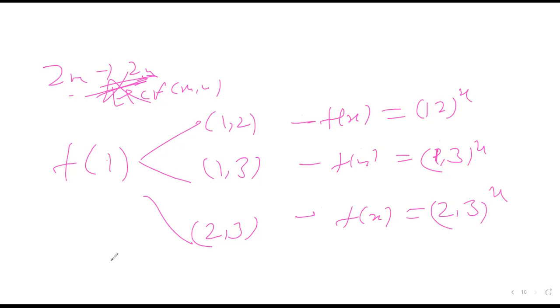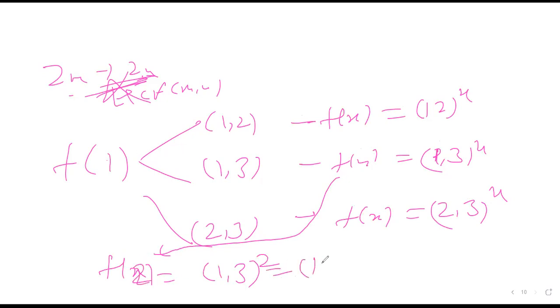Like, for example, I take this homomorphism and I have to find F(2) is equal to (1 3) squared. That is f of 2, and it will be f(1 3) into f(1 3), which is the identity combination. You can multiply and check this will come to identity.